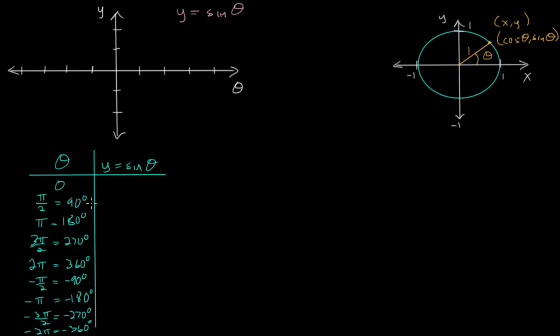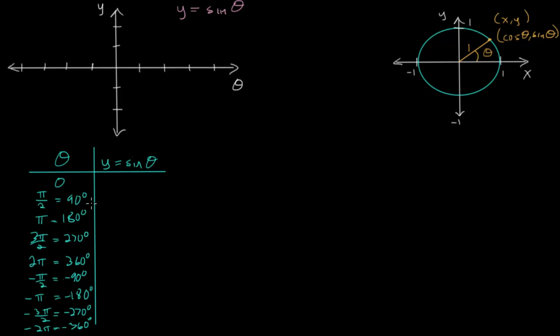And once we fill in these main values, we can then look at values in between them just to see what's happening. But these key values will give us a general idea of what's going on, and the fact that this function and the cosine as well are periodic.